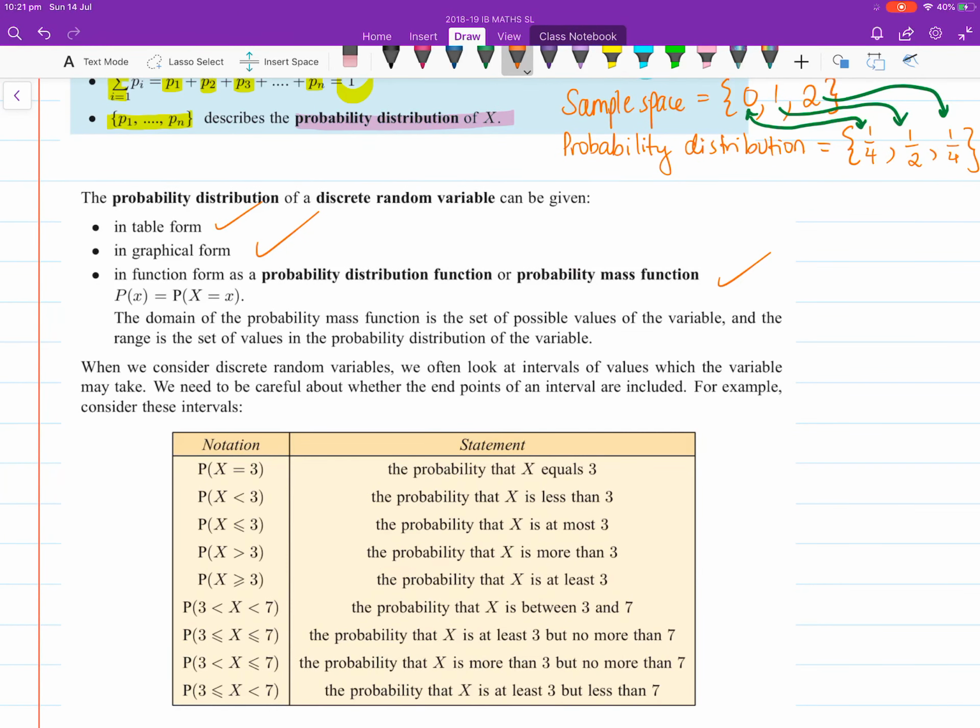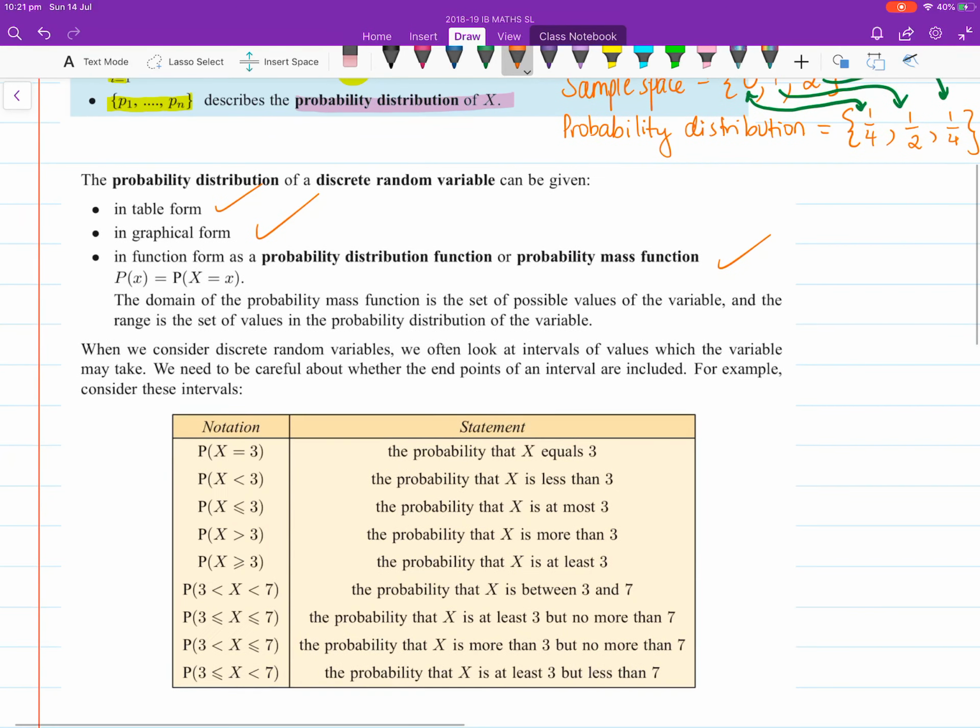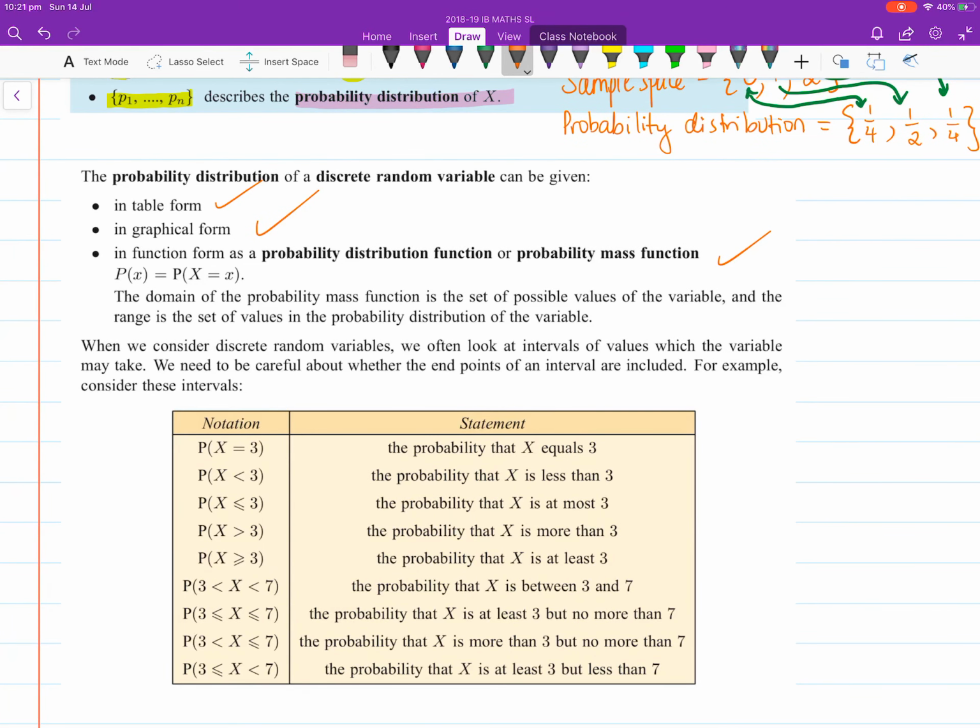Oh yes, down here we've got some examples of the language, which is quite important as well. And this is where, you know, questions can get a little bit tricky. So often we have to look at where it starts and ends. So if you want, for example, the probability of your random variable to be 3, obviously it has to just equal 3.